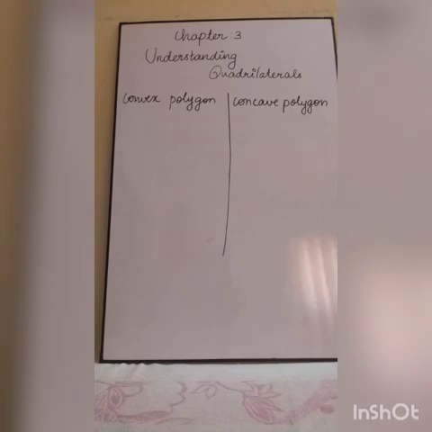Okay, children? Next definition is convex and concave polygon. Actually this word is new to you, I think. Okay, no problem. Convex polygon, concave polygon. I'll draw the diagram and then explain, so that it will be very easy for you to understand.